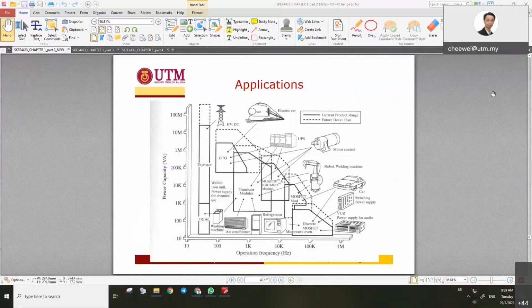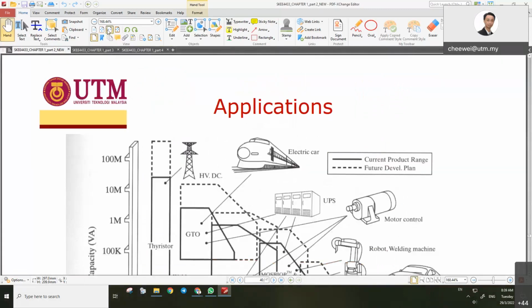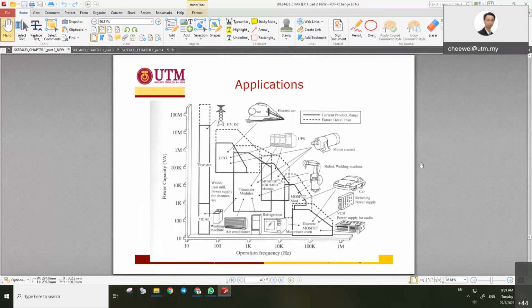Let's revise back what we have done so far. Anyone can tell me quickly how many power devices we have seen so far? What are the names? Just list them down if you still remember.